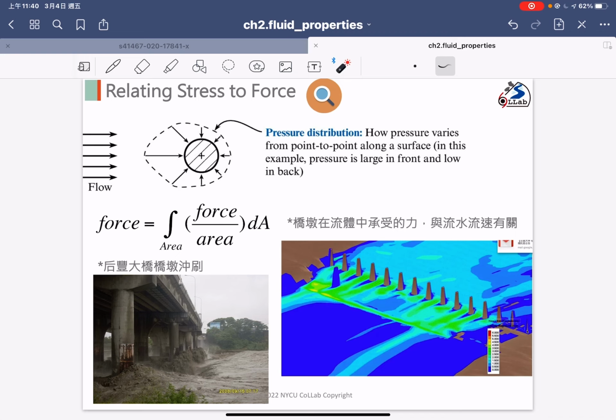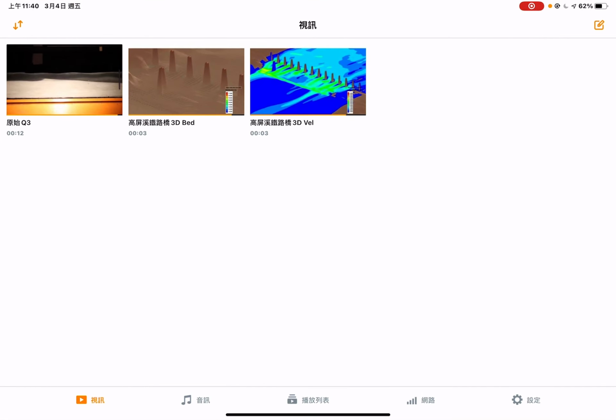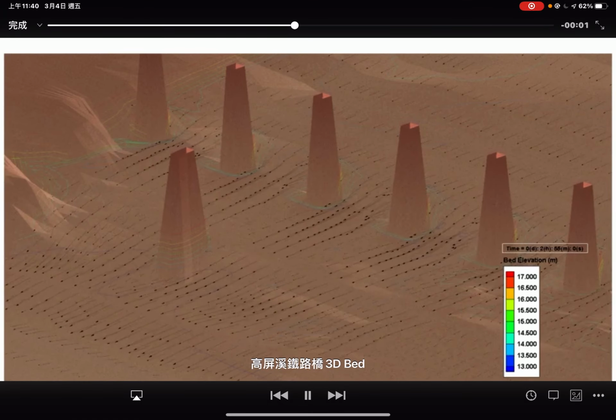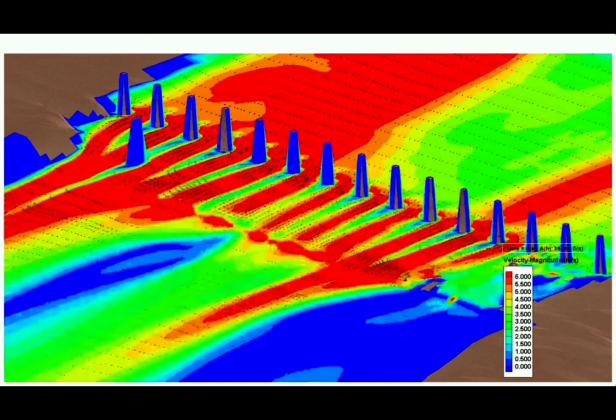Okay, so for hydraulics, we can do some numerical simulation to understand that different bridges will have different flow conditions. The flow condition information includes the flow velocity. Okay, and I can show some movies. So this is a simulation to understand where.